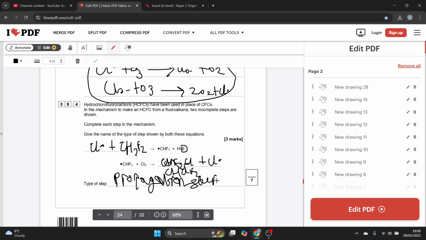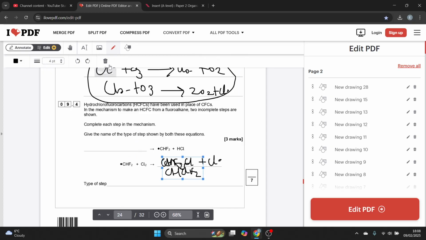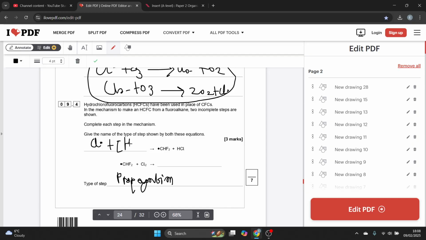So let me go through this again. It says name the type of step for both of these. It's going to be propagation. In propagation, firstly, I've got a chlorine free radical plus CH2F2, and I get HCl.